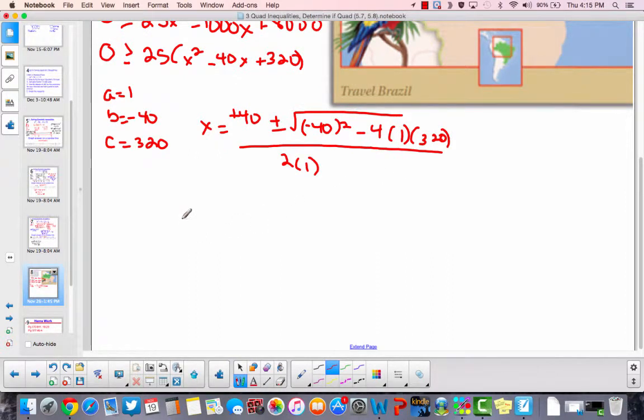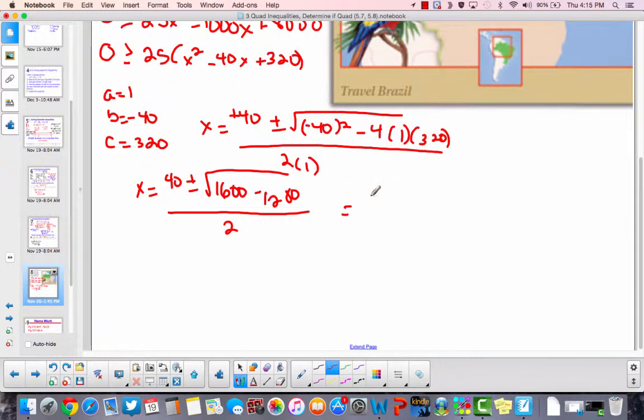So we're going to go ahead and work this out. So I have x equals 40 plus or minus the square root, and negative 40 squared is 1,600 minus 4 times 1 times 320 is 1280, all over 2.